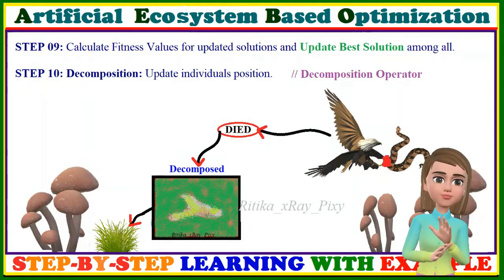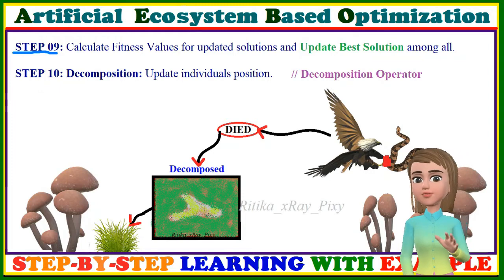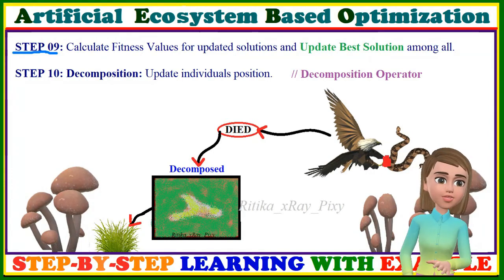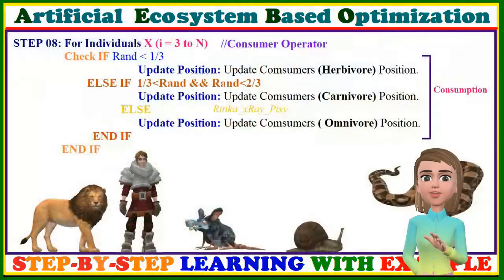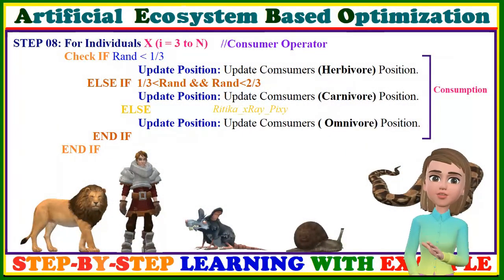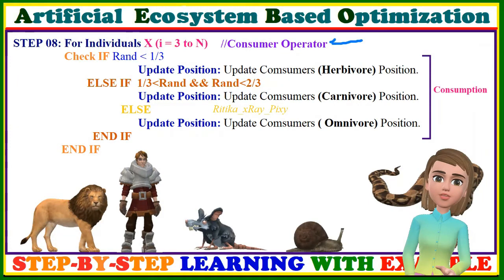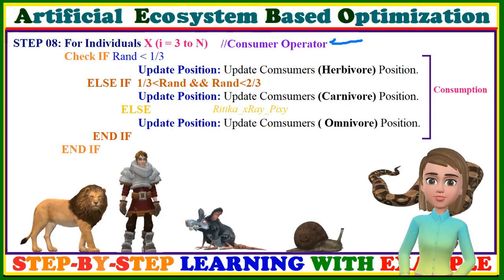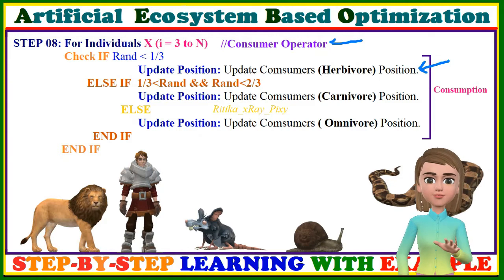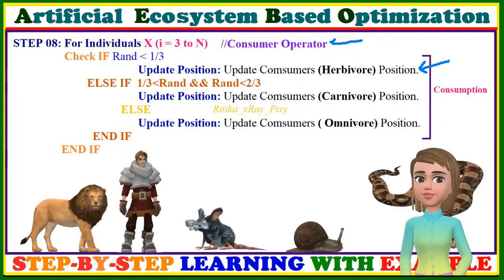And using this mathematical model, we can update the consumer's position in the search space. After that, we will calculate the fitness values for the updated solution. As you can see here in the model, first we have different types of consumers: herbivore, carnivore, and omnivore. If the consumer is herbivore, then we will update its position according to herbivore behavior.